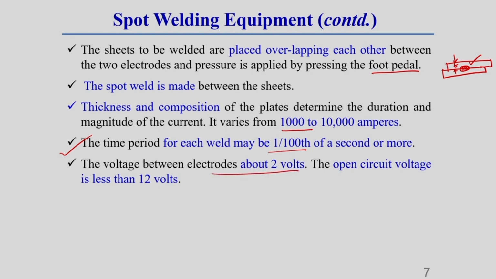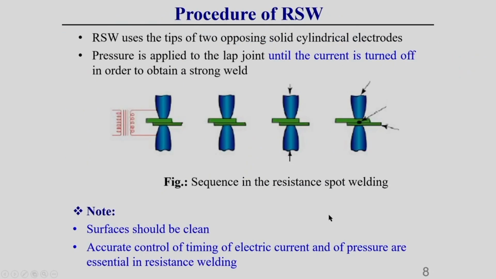The voltage between the two electrodes is about 2 volts, whereas the open circuit voltage is also comparatively less than other welding processes, around 12 volts. Just keep this in mind, because you should know this idea.